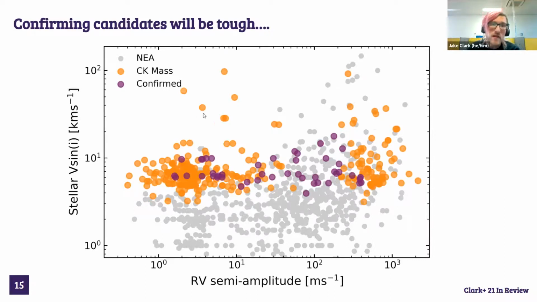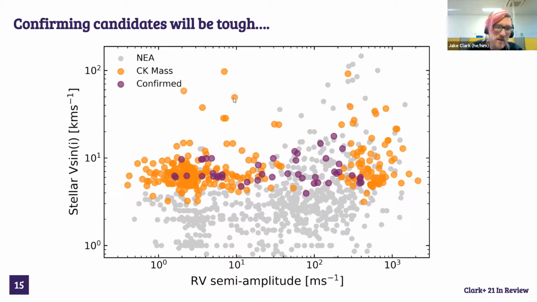I've been able to use the Chen-Kipping relationship to convert from radius to mass, and then from the mass to work out the semi-amplitude of the planetary signal here. You just have to trust me that there aren't a lot of gray dots underneath here. So there's an interesting space where not a lot of planets have been discovered so far.